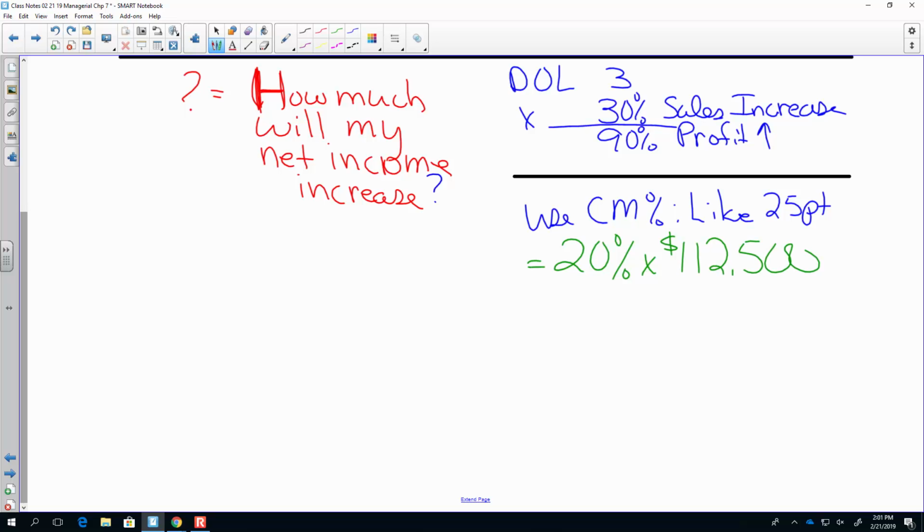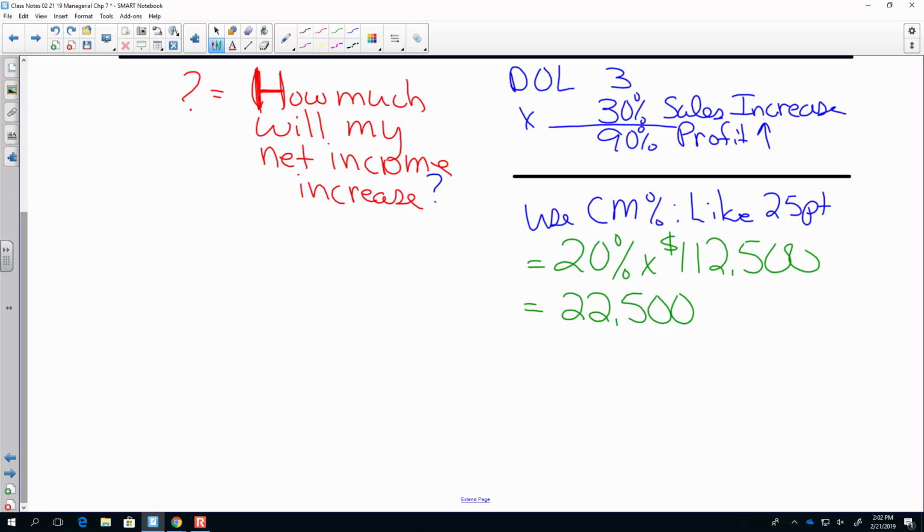And I get what? 222,500. Yes. Does that number look familiar? That's exactly what we came up with before using the DOL method. So using DOL, using the margin percent, I get to the same answer.